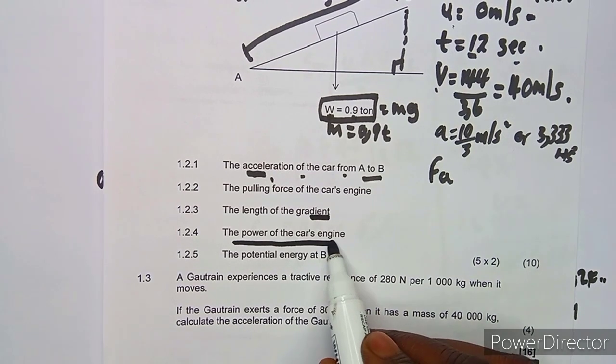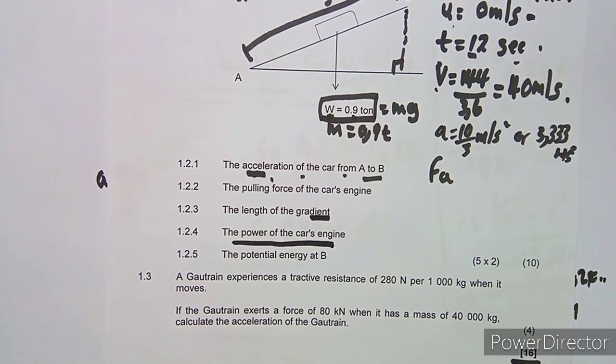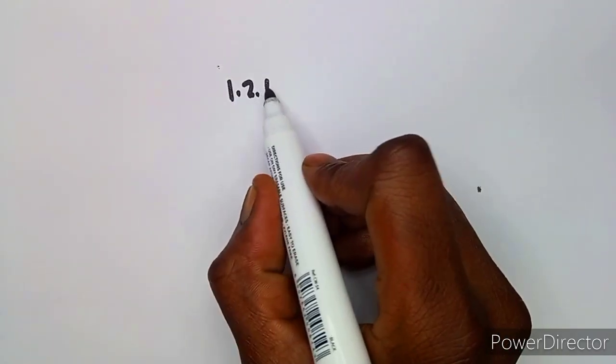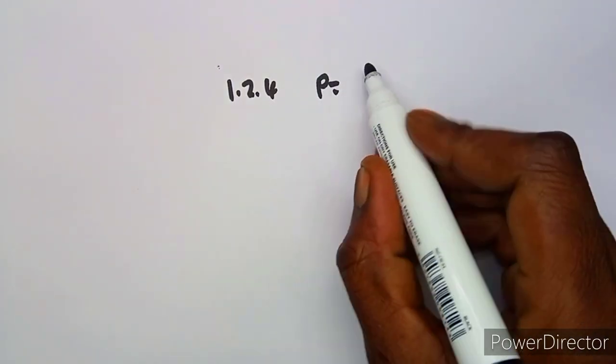What about the power of the car's engine? Power, guys. What is the formula for power first before we talk about anything? Power can be energy over time, isn't it? Power can be energy over time, guys. So let's see this formula if it's gonna work.